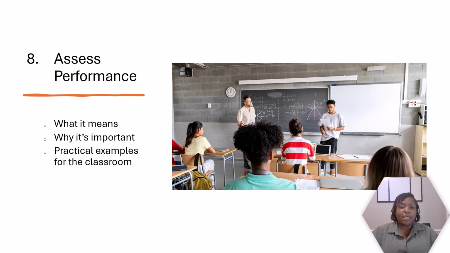This could take place in the form of quizzes, tests, observations, or even class discussions to gauge their understanding. Again, an example is for you as the educator to conduct a quick formative assessment, such as a 5-minute quiz or an exit ticket. This will help you check for comprehension before moving on to new content.